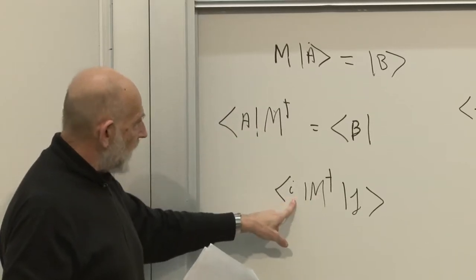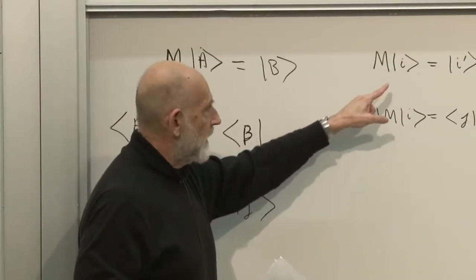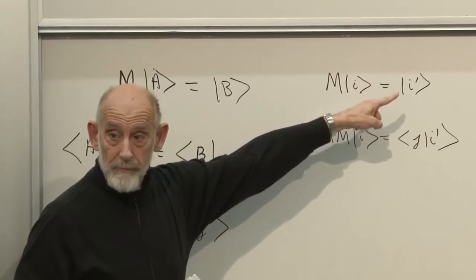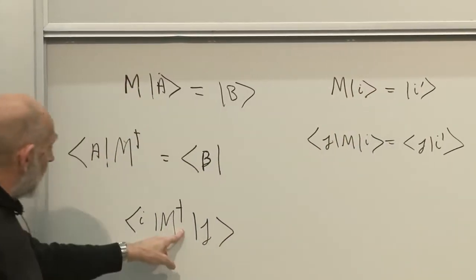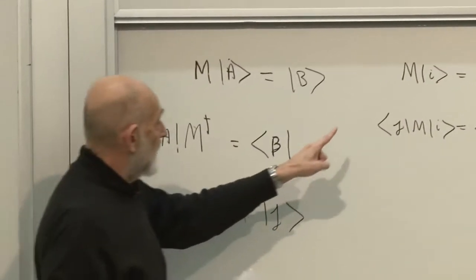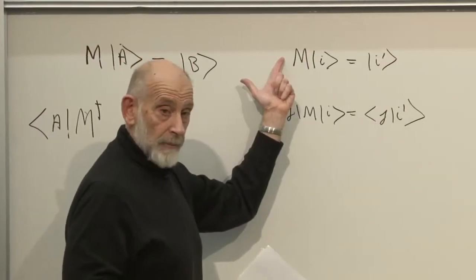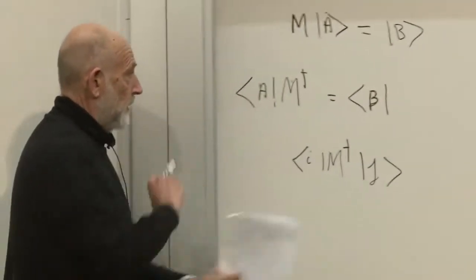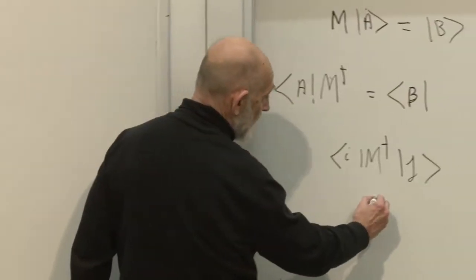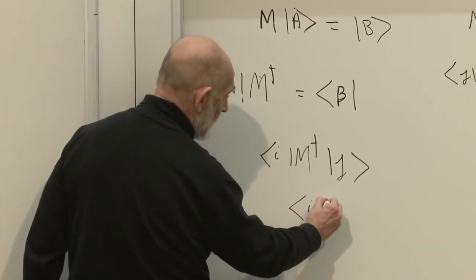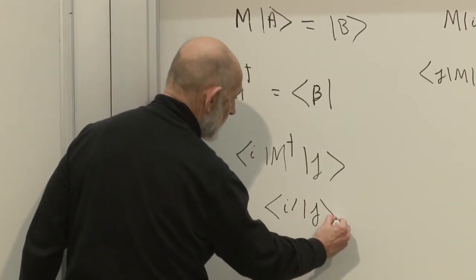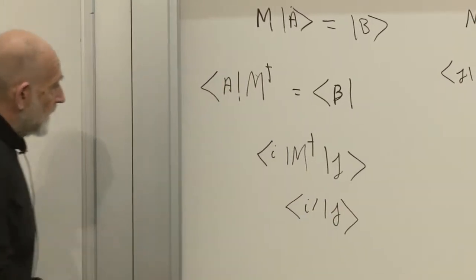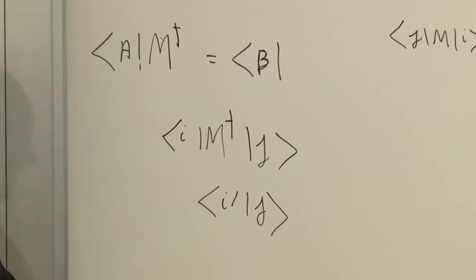So what does M dagger acting on I give? It gives the bra vector I prime. If M dagger acts on the bra I, it must give the bra vector I prime. It just flips the equation from kets to bras. So what we have over here then is <I prime|J>. That's the matrix element. That's this matrix element over here.